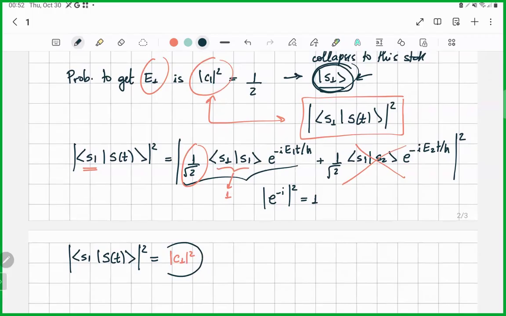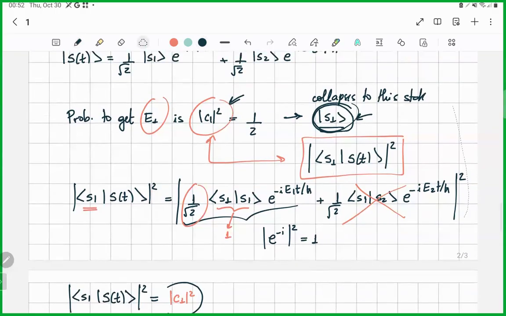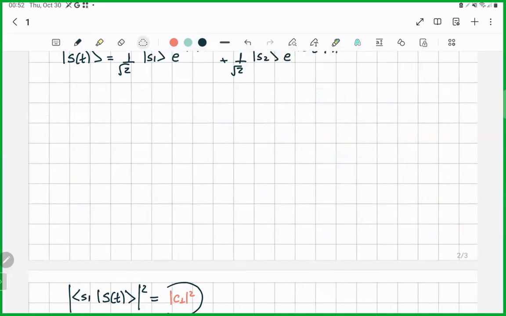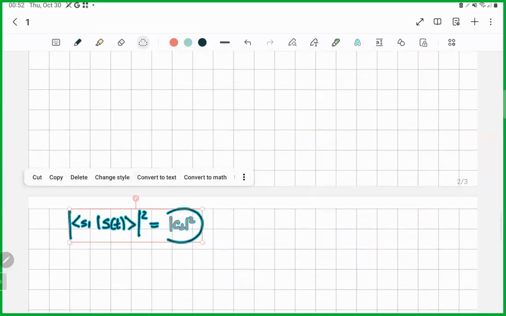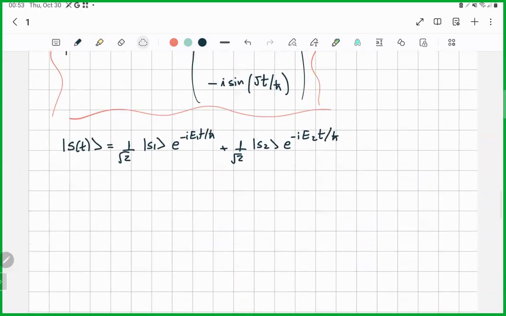Okay. Why did I do all this? Now, making your life much more difficult. If you already knew, you just had to look at C1 squared. Well, why is this interesting? Let me cut all this now. And this is interesting because energy is not the only thing that we can measure.